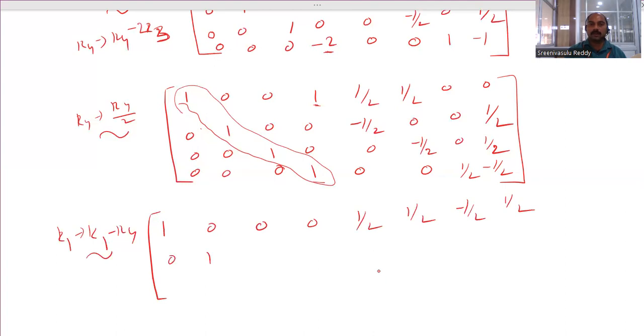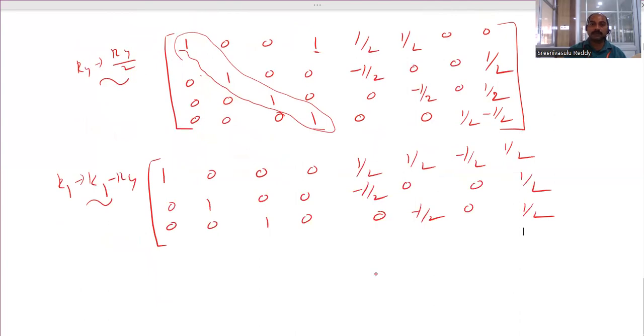Other rows, no change. 0, 0, 1 by 2. Here 0, 0, 1, 0, 0, minus 1 by 2, 0, 1 by 2. Next row is 0, 0, 0, 1, 0, 0, 1 by 2, minus 1 by 2. That's all. We reached our goal.